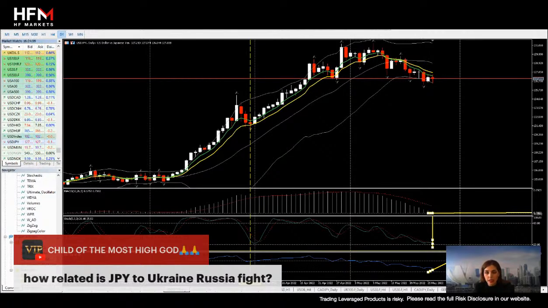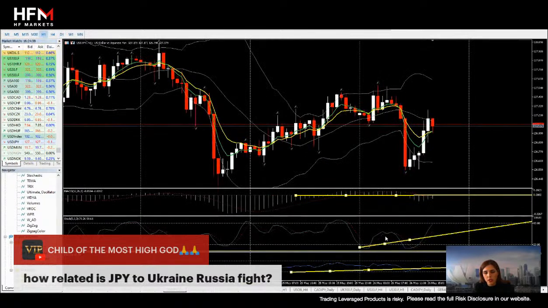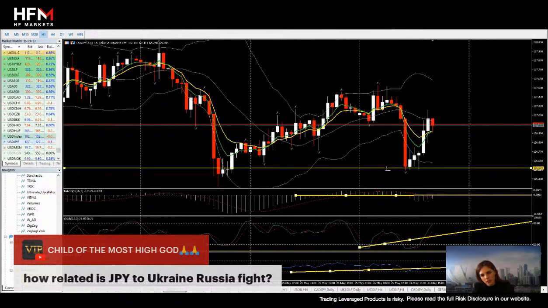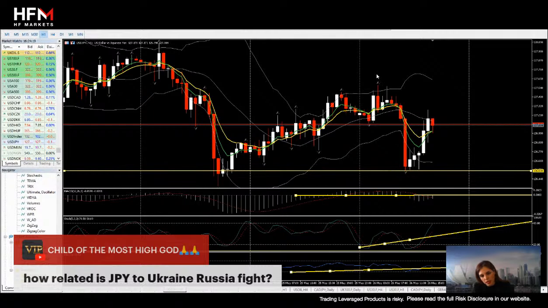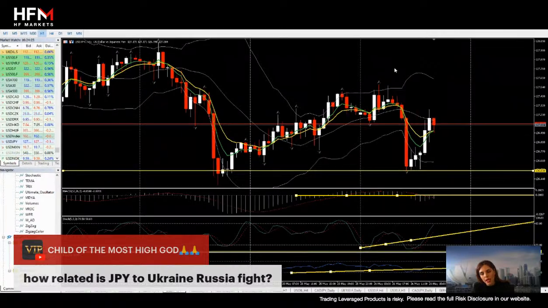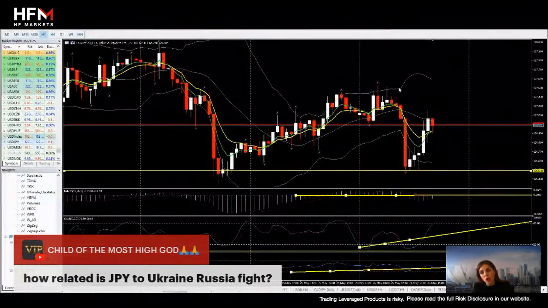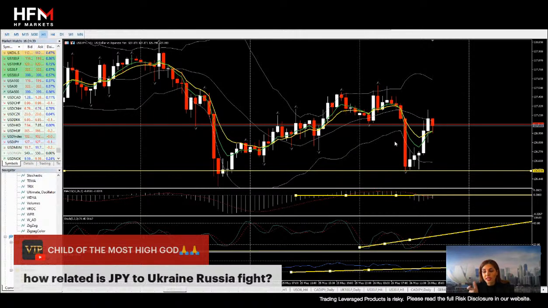Yeah, we have seen, on just the 1 hour chart here, the dollar yen dropping to 126.50 yesterday and this morning in the Asia session. That means strong yen, and it had to do with the risk appetite.